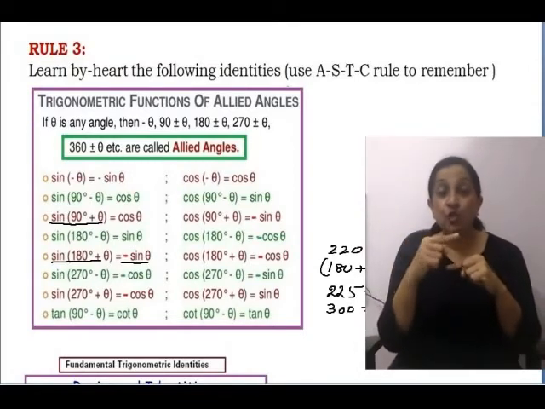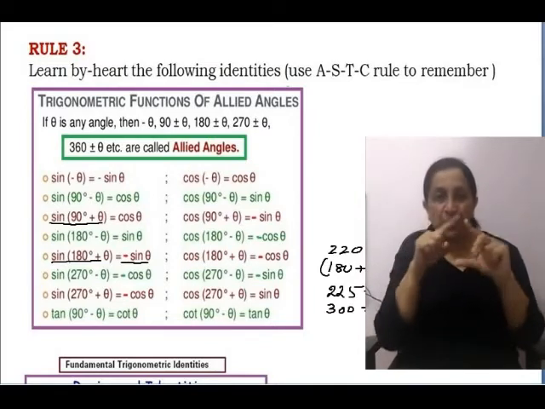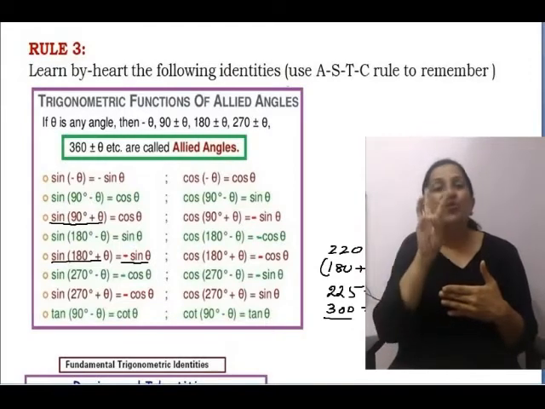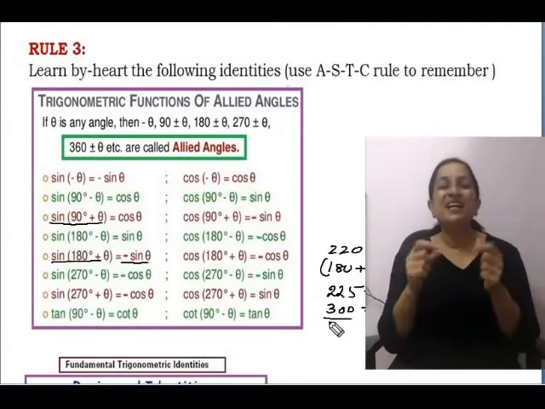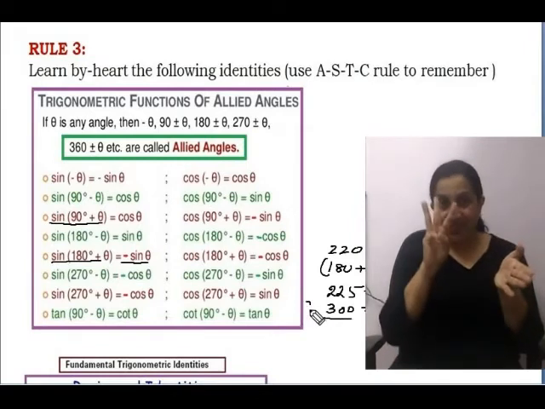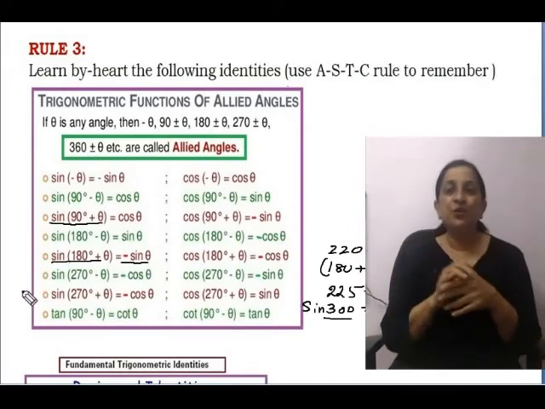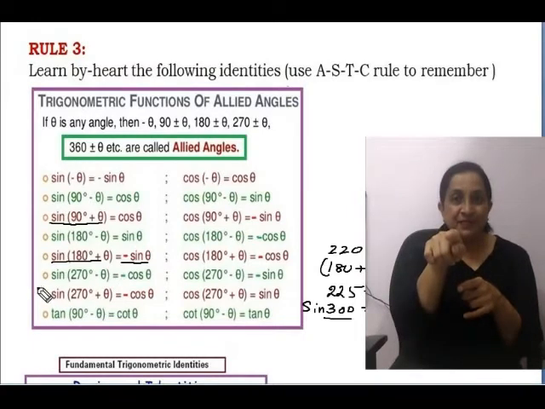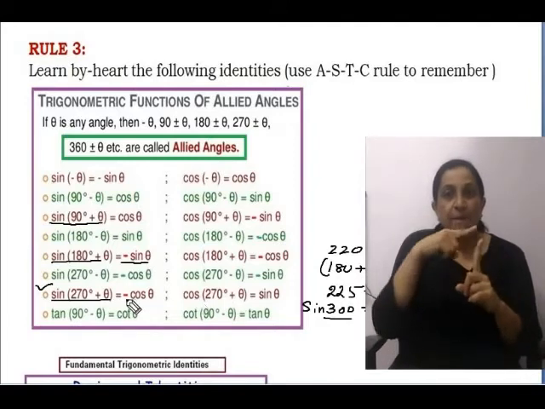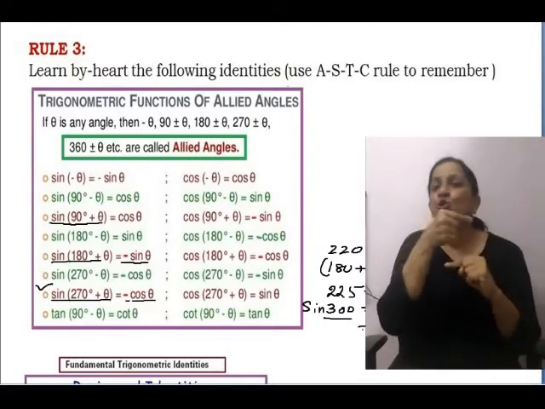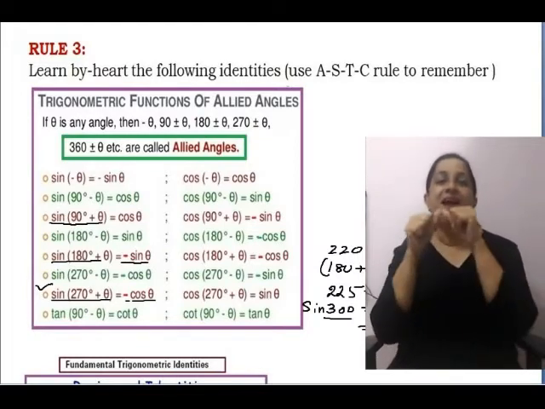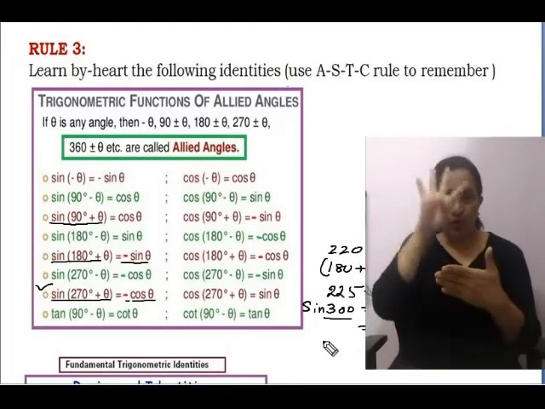Like that, you should always convert it into a known angle. Supposing you want to know how much sin 300 is, then you go to this table. You know very well sin 300 is nothing but sin of 270 plus 30, that is minus cos 30. So that becomes minus cos 30. So whatever the value is, you have to put from the table.